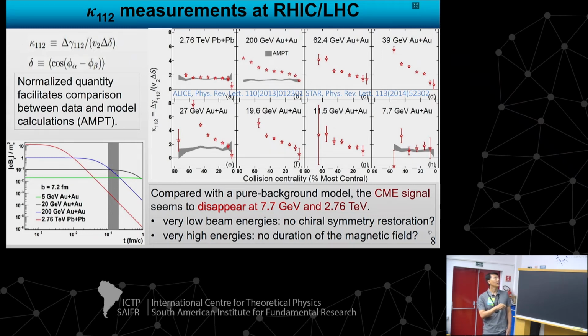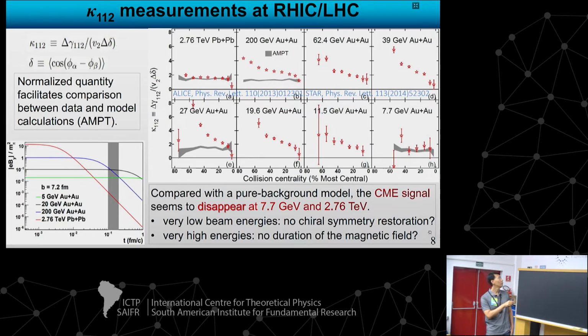But at high energy, LHC energy, we should have QGP, right? So the reason is the duration time of the magnetic field. This lower left figure shows the calculation of the magnetic field as a function of time in vacuum. In vacuum, the magnetic field will drop like a stone. It drops exponentially, especially for high collision energy.